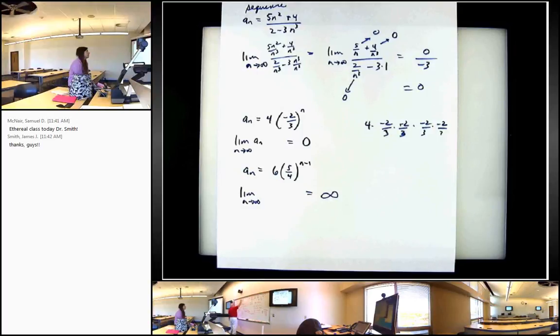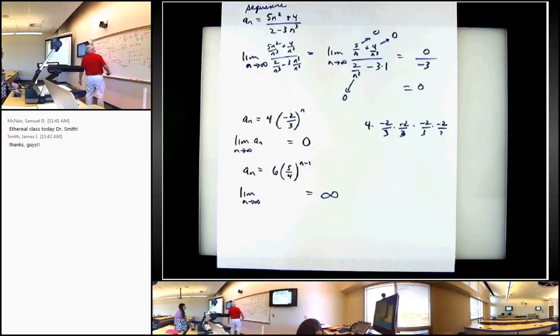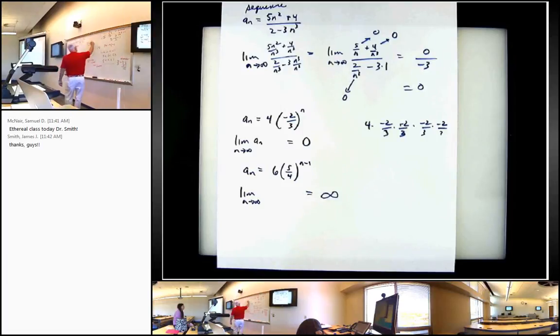You can divide by n squared, and then you get 5 over 0, which equals 0. Okay, so what you're talking about is dividing by n squared. Let's try it. So it'll be 5 plus 2 over n squared, over 4 over n.